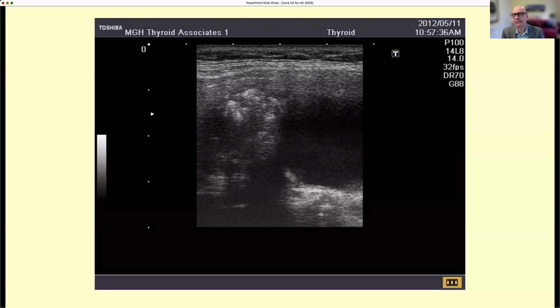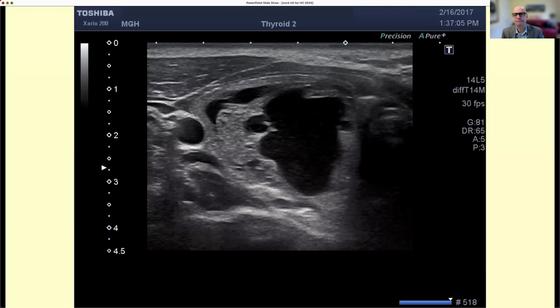You can see the shadow. These are dense calcifications. When you see a shadow, no matter what they look like, it is calcification, because only calcification produces shadows in the thyroid gland. This is a nodule that has margins that you cannot really see, but it does have calcium content, and the calcium is irregular. It's not a nodule with regular calcifications. So this is a nodule that has to be regarded with suspicion.